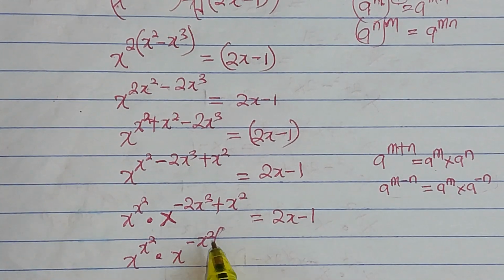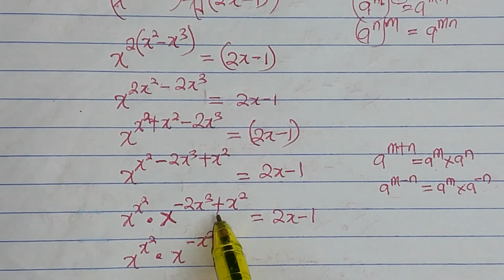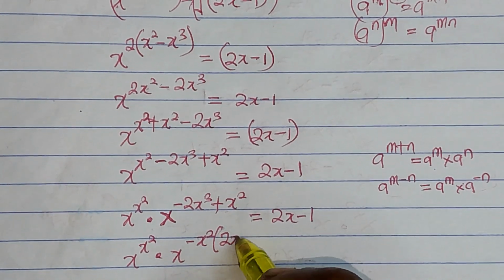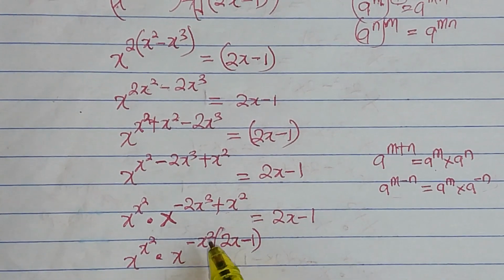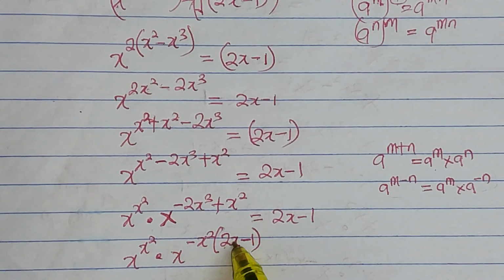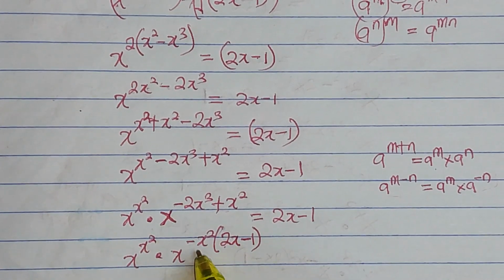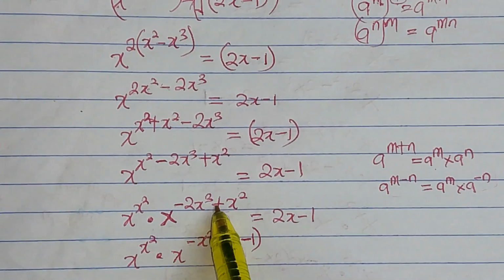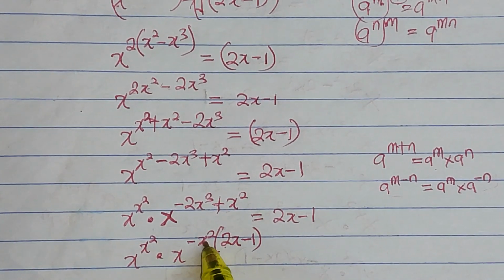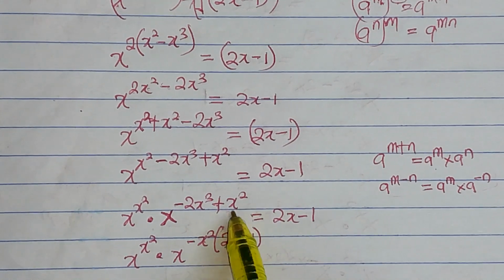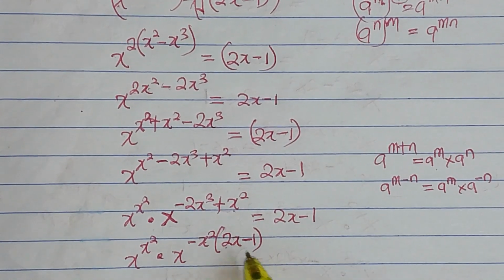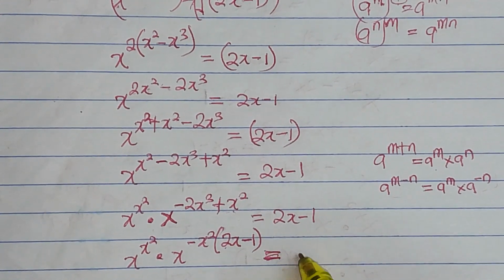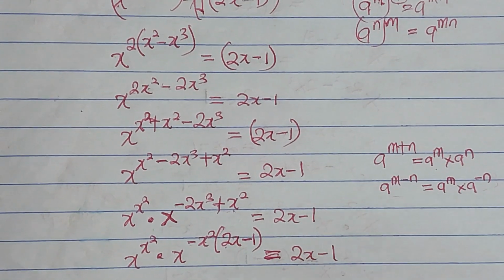If we factor out minus x squared in this expression, minus x squared multiplied by 2x equals minus 2x cubed, and minus x squared multiplied by minus 1, this becomes minus minus, which is equal to plus, and x squared multiplied by 1 is x squared. That is how we obtain this, and we are now having that this equals 2x minus 1.